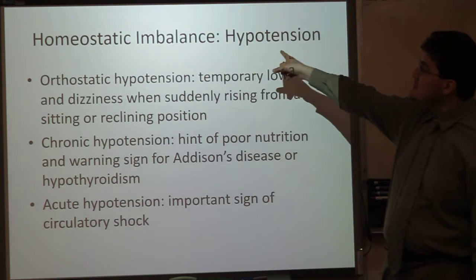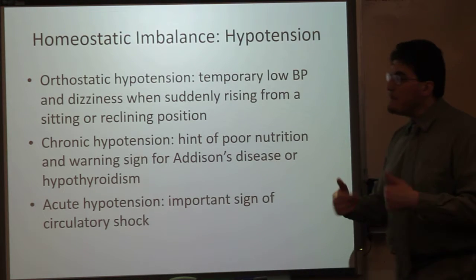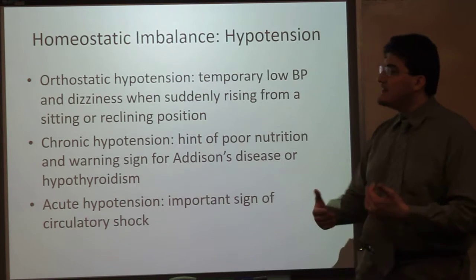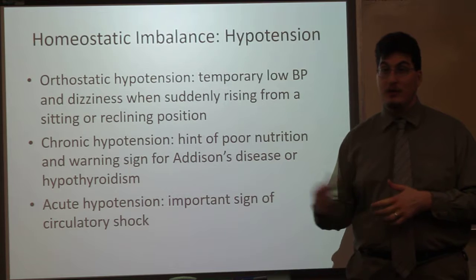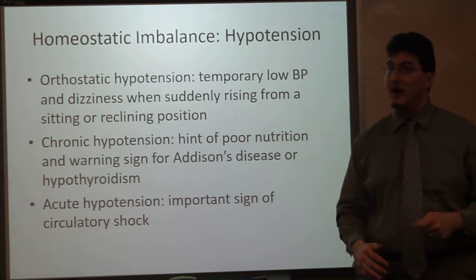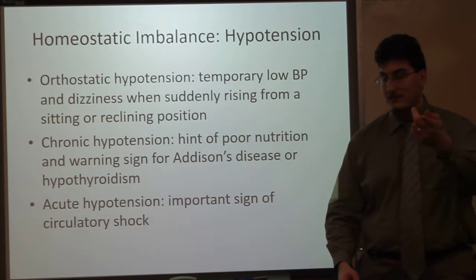If that hypotension is orthostatic hypotension, where it is a temporary low blood pressure, which is the dizziness when you're suddenly rising from a sitting or reclining position, which is basically what I was warning you about when you would go from lying down to standing up real fast, and I told you that I'm not responsible, which I'm guessing some of you paused the video and did real quick, and joke's on you.